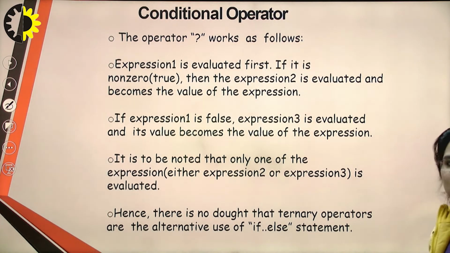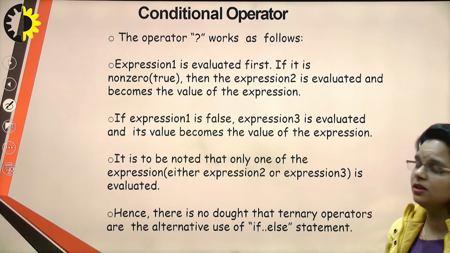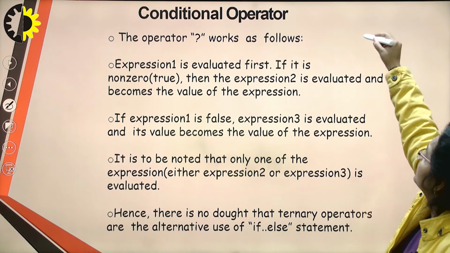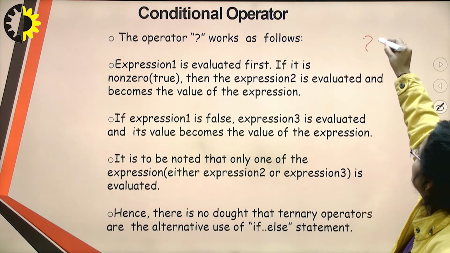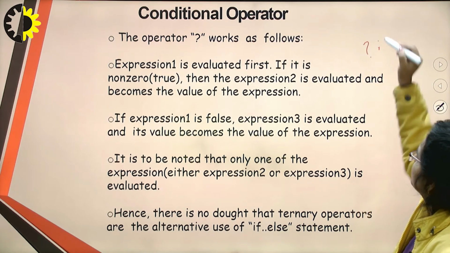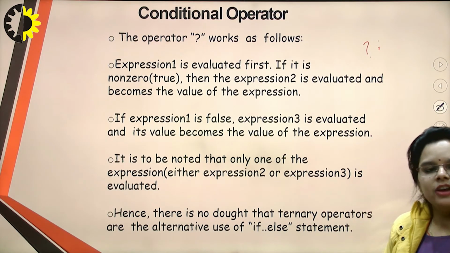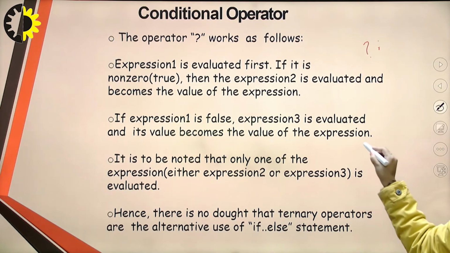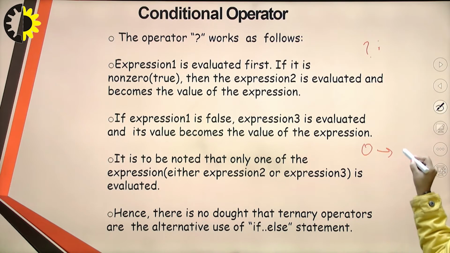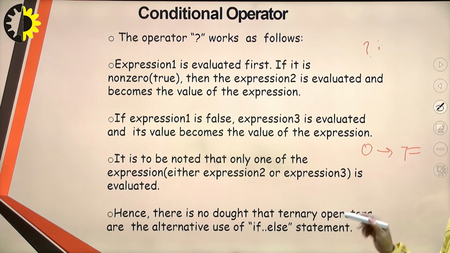So how do conditional operators actually work? This operator is the question mark and colon. Expression 1 is evaluated first, and if it is any non-zero value, it is true. Zero eventually means a false value, and any non-zero value apart from 0 is true.